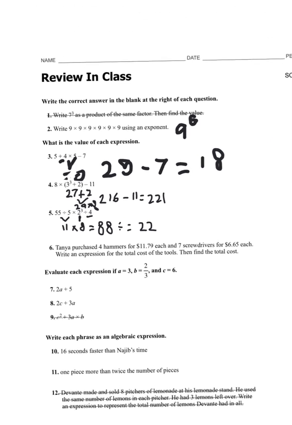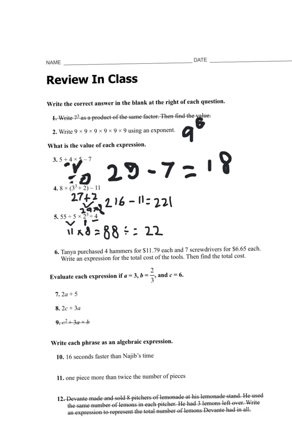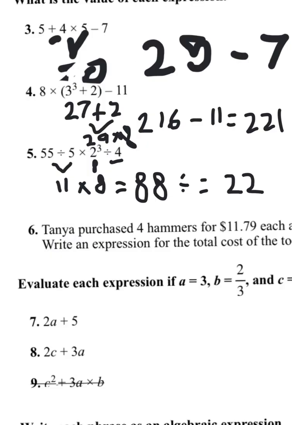Now for number 6, we have to write an expression and find the total cost of the tools. So first, we would start by writing our expression. So in parentheses, we're going to start by 4 times 11.79.